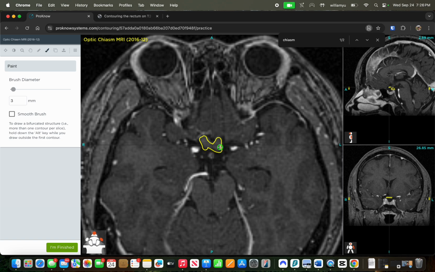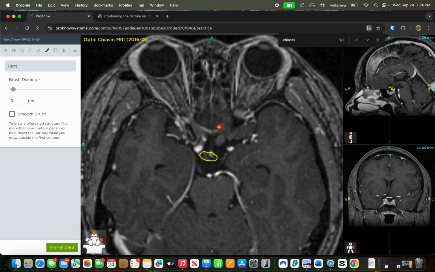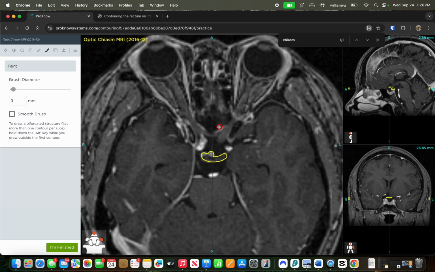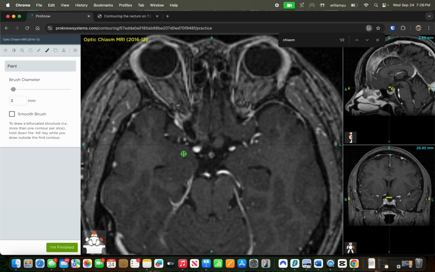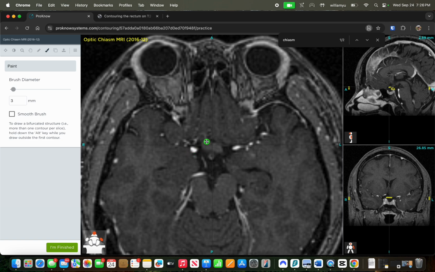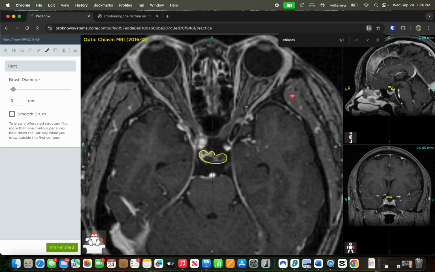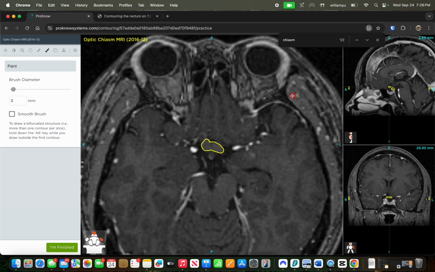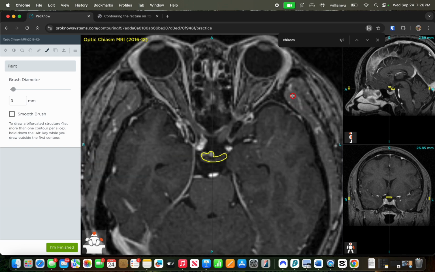Kind of stumped here because if you look on the sagittal view, I have one that's pretty posterior, but another that's anterior, and we know it goes superior as we head posterior, so it's kind of going in the wrong direction. I'm going to think about this a little bit more.